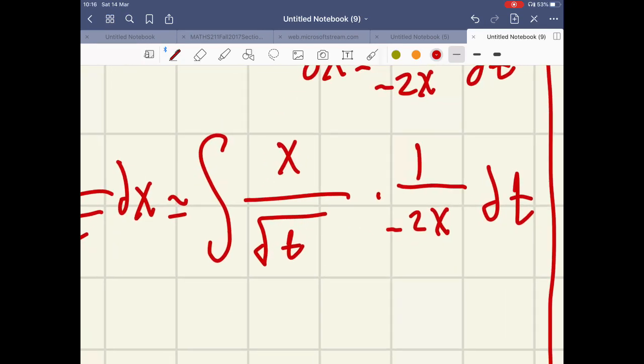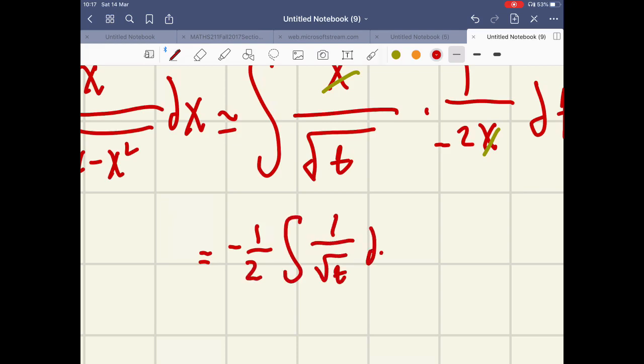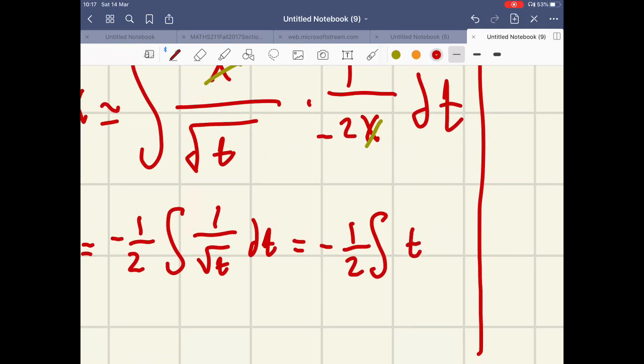A little bit of cancellation could happen here. This cancelled with this. The minus 2 can go outside. So the answer will be negative 1 over 2 integral of 1 over square root of t dt, which is the same as negative 1 over 2 integral of t to the negative half dt.